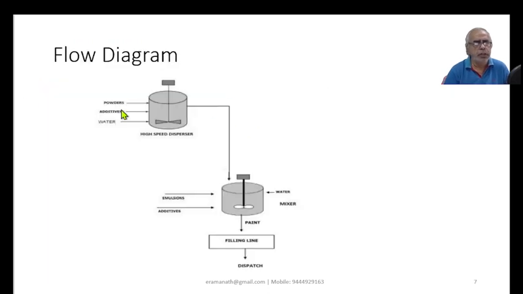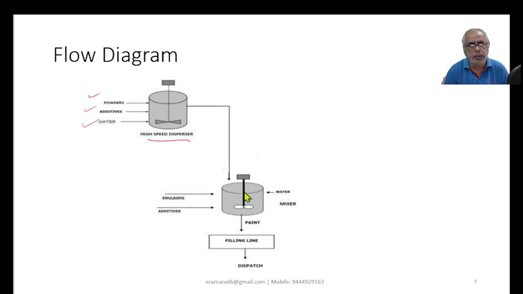Now let us check this flow diagram, which is a simple one. Here you can see the high speed disperser where we add the powders, then additives and water. Then all these are mixed, and again it is fed to another mixing unit, where you may use the sand mill also after pre-mixing, and appropriate grinding takes place.